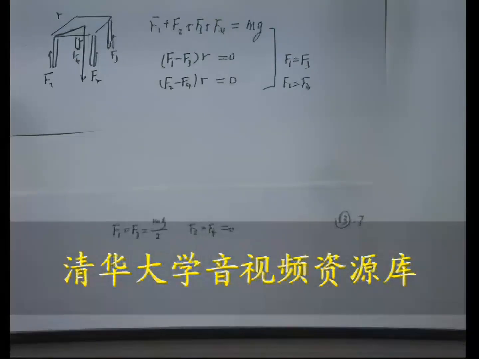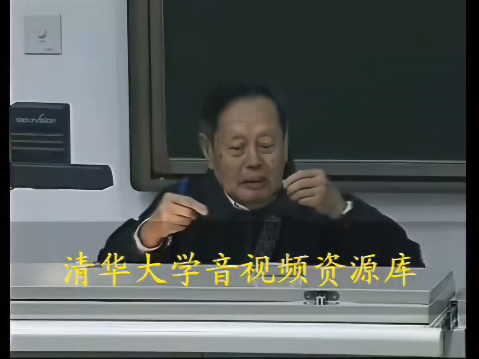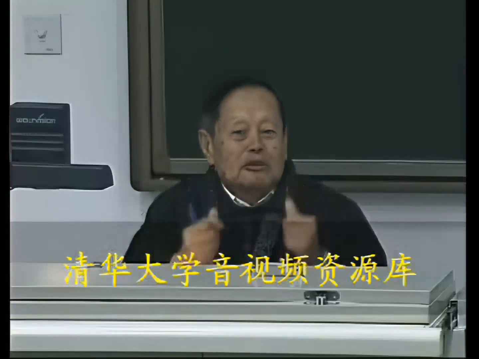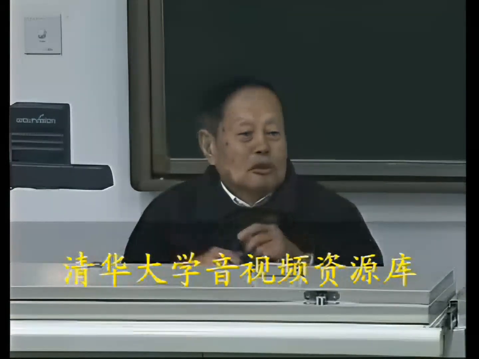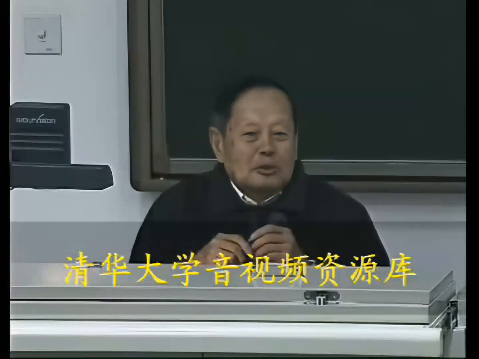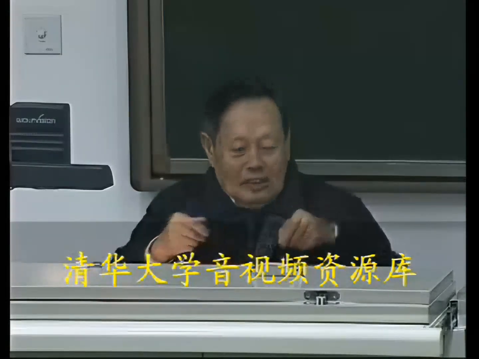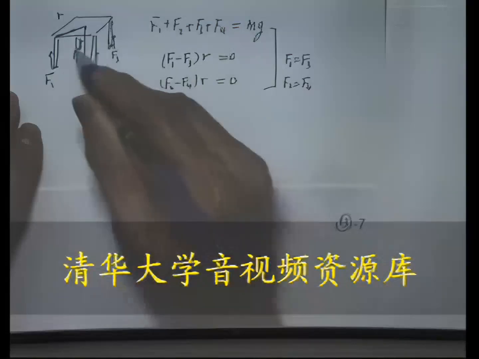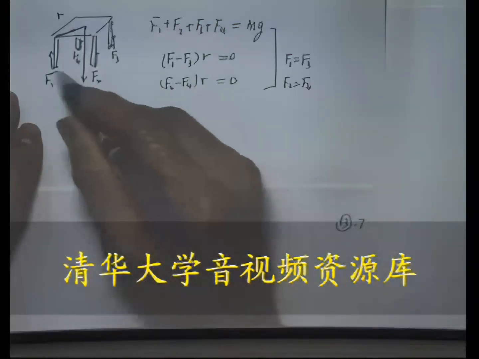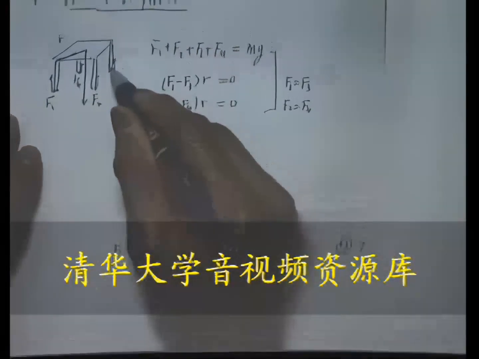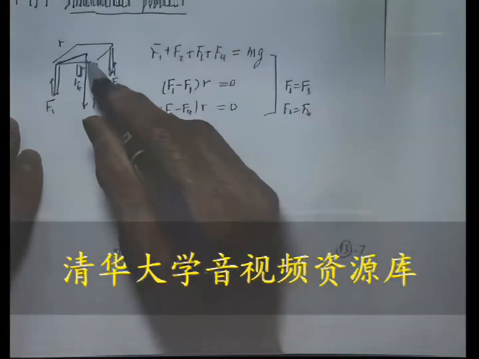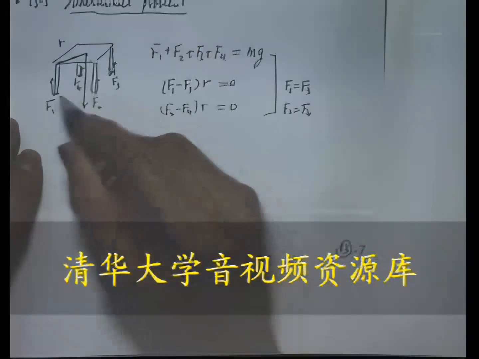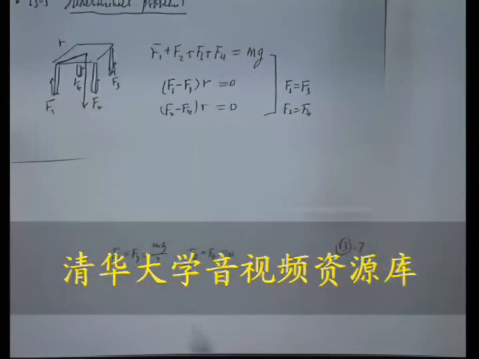In other words, the first one and the third one, diametrically opposite, have equal forces, and the other two have no force. Actually, intuitively, you know this is the case. It's a case where only these two touch the ground. If these two do not touch the ground, then each of these two forces becomes 1/2 of mg. But if these two touch the ground and these two do not, then you have the other solution, which is the opposite of this. And you can have any linear combination of them.